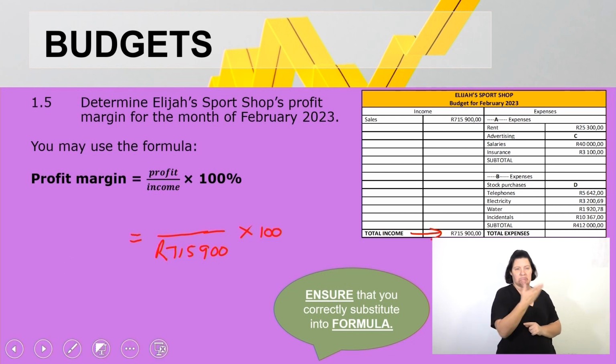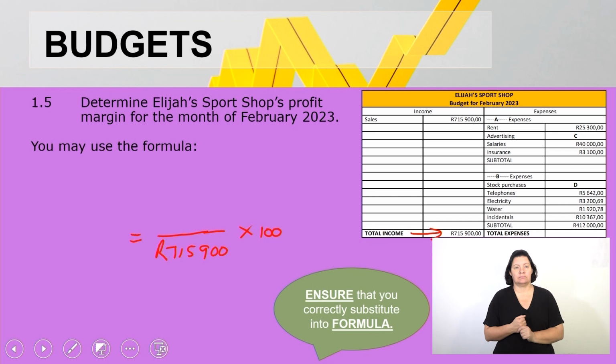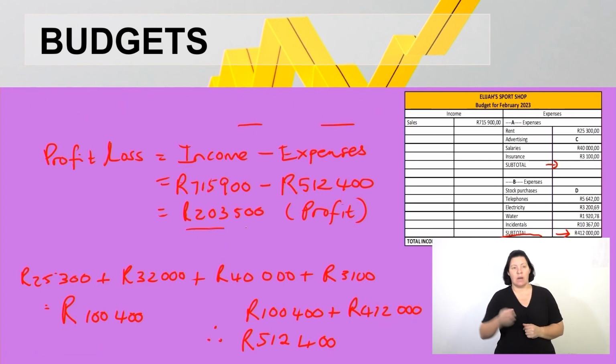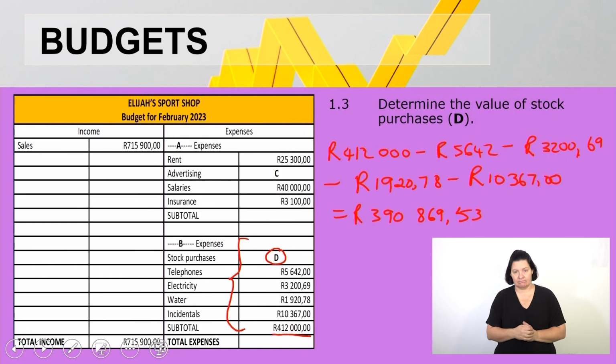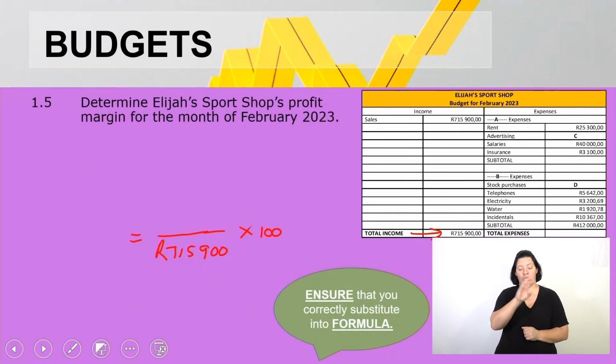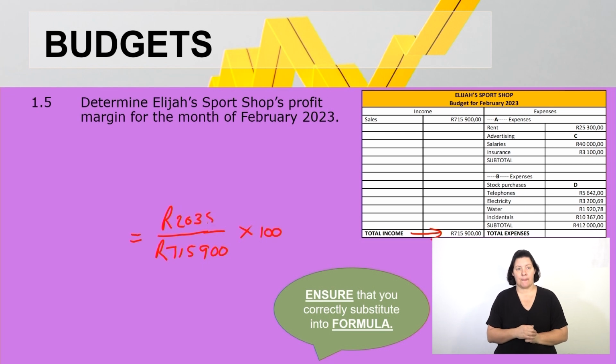Let's go back to the previous slide. Just to take you back, here we can see the profit is 203,500 Rand. So I'm going to substitute that by saying 203,500 Rand. I hope that is clear.